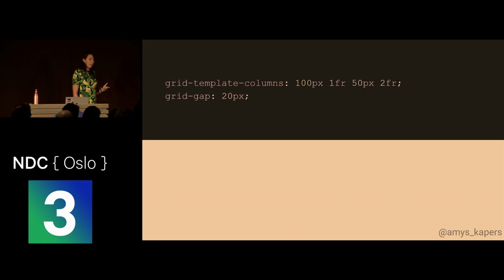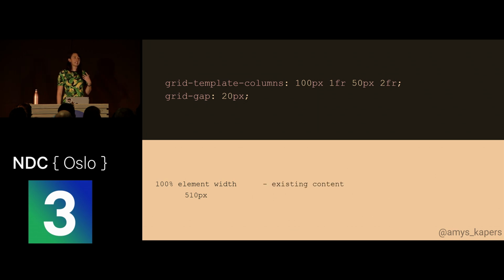So what the FR unit does is that it will take the element width, which in this example is 510 pixels. It will then take away any existing content we have. So today we've got 100 pixels and 50 pixels, so it takes away 150 pixels. Then it takes into account any gaps that we've got.